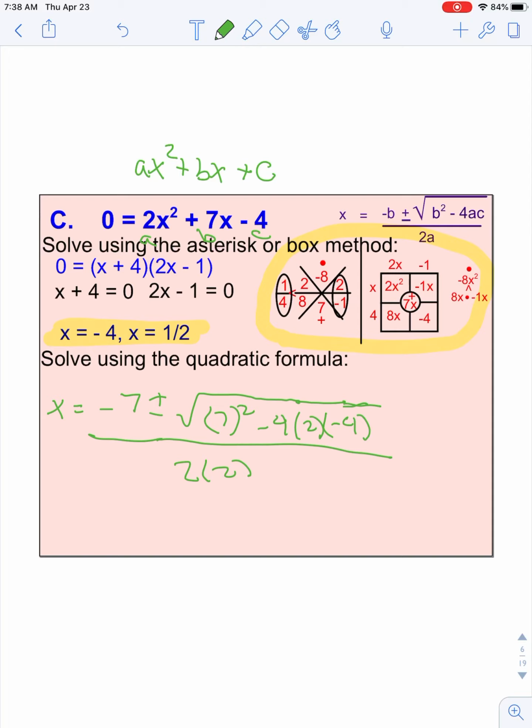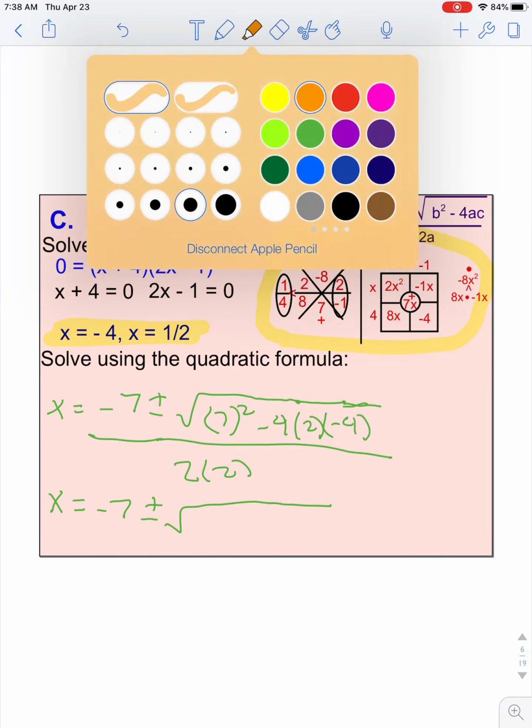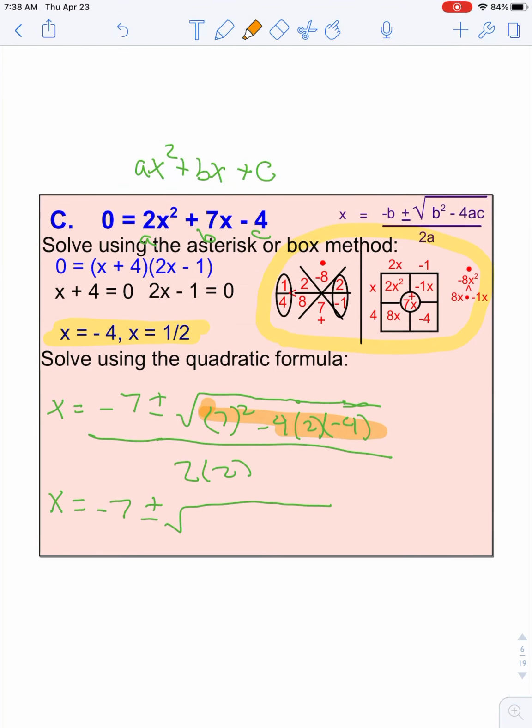Now we go back and we simplify all of this. Just simplify it in steps. You can combine steps if you want. So negative 7 plus or minus the square root. Now honestly, you can enter this entire thing right here in your calculator in one step, and then jump down and just fill in a single number there.